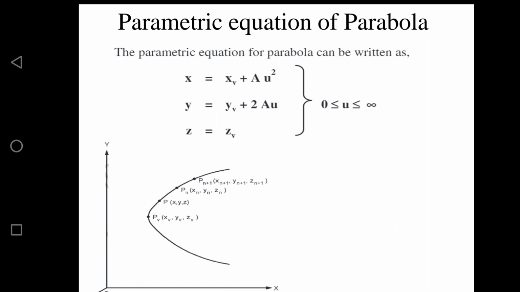So I'm directly going to give you the parametric equation of a parabola: x equals xv plus a u squared, y equals yv plus 2au, and z equals zv, where xv, yv and zv are the coordinates of the vertex, A is the distance between the vertex point and the point of contact of the axis of symmetry and directrix, and U is your independent parameter. So this is the parametric equation of your parabola.